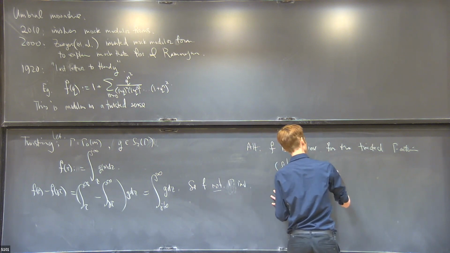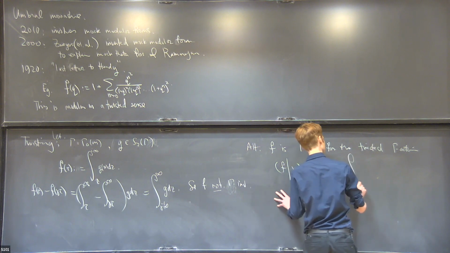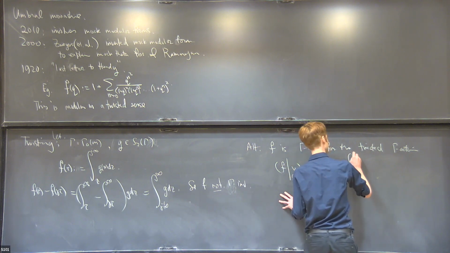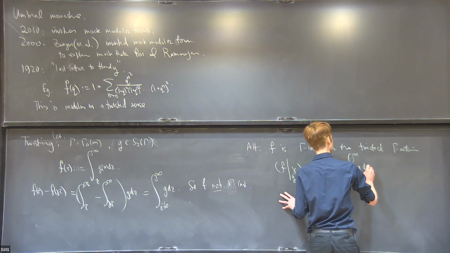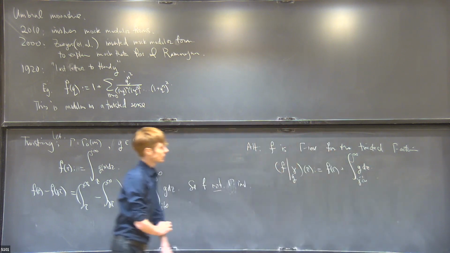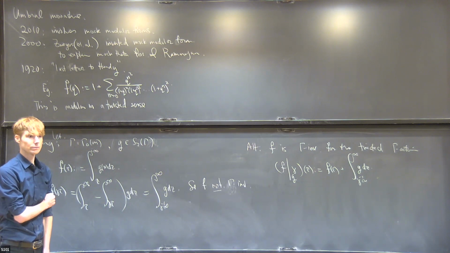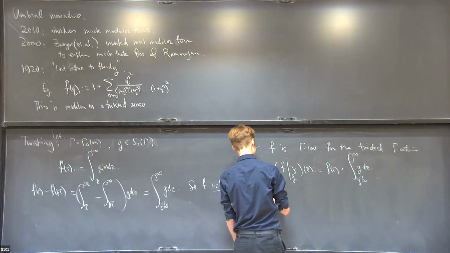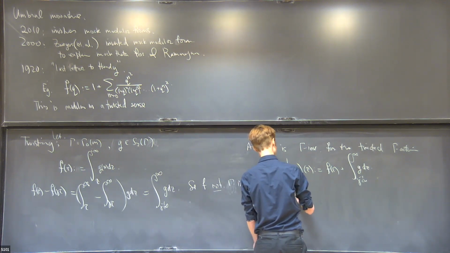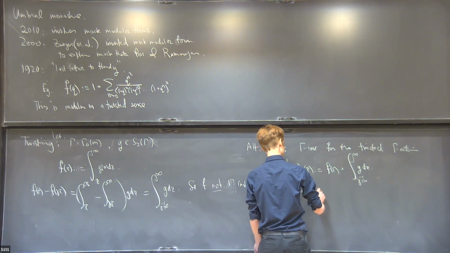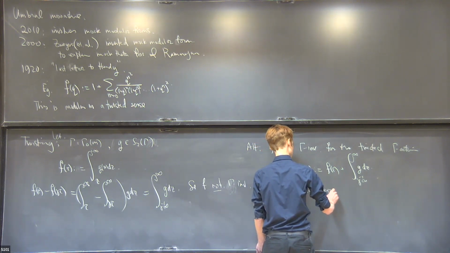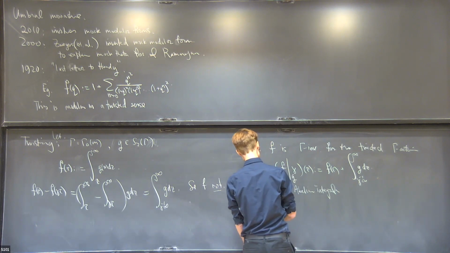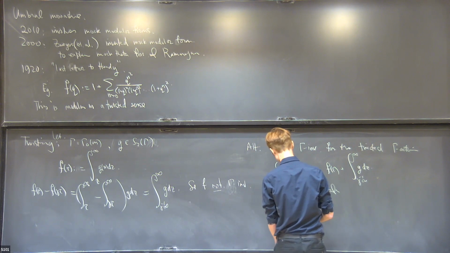We find that to be f of tau plus the integral from gamma inverse of infinity to infinity of g(z) dz. So in classical language, this is an abelian integral. In modern language, this is a Mock modular form of weight 0.